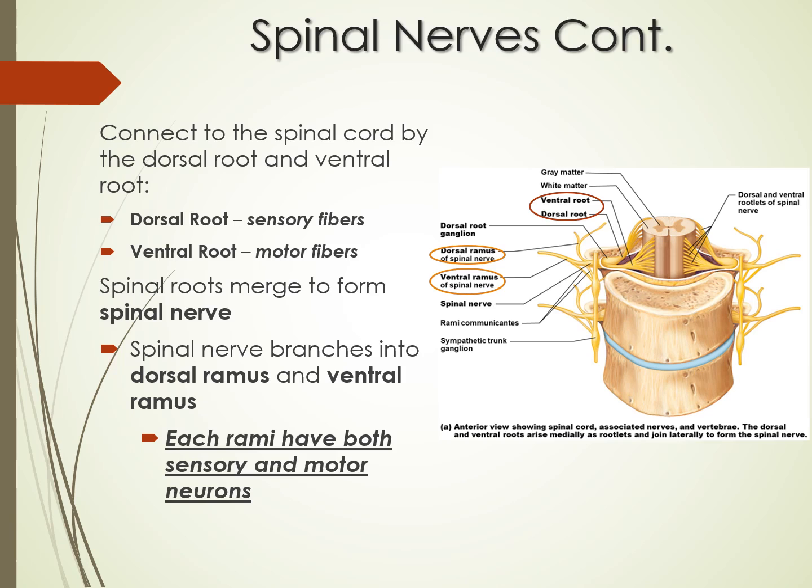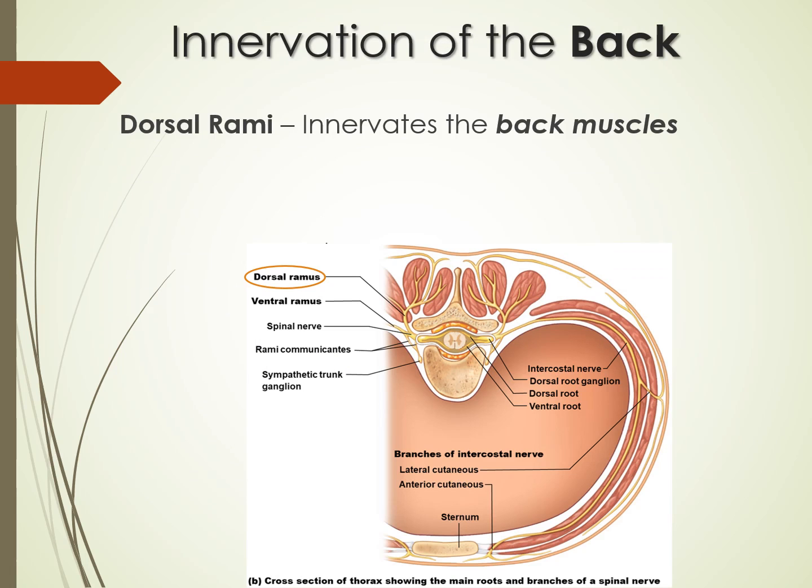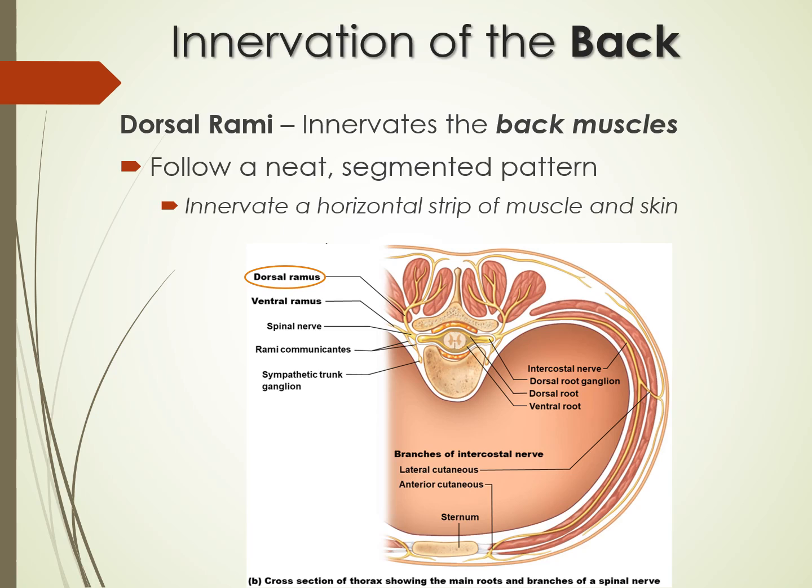The dorsal root only contains sensory fibers, and the ventral root only contains motor fibers. Then they merge together to form a spinal nerve, because all nerves are going to be motor and sensory.